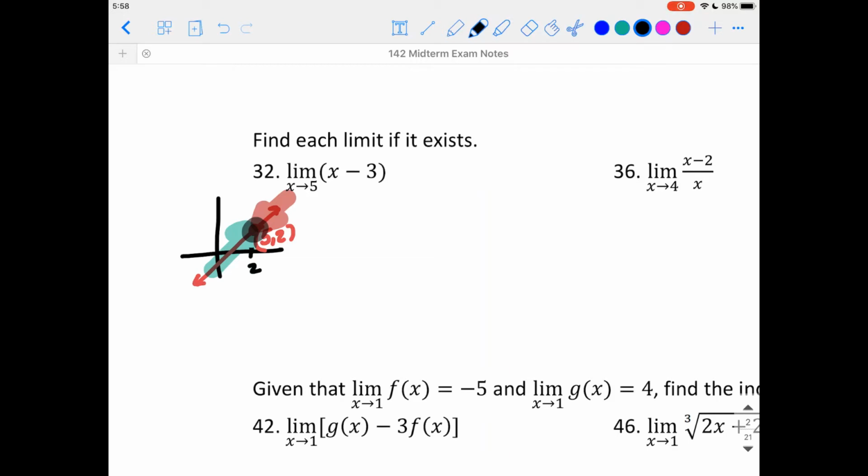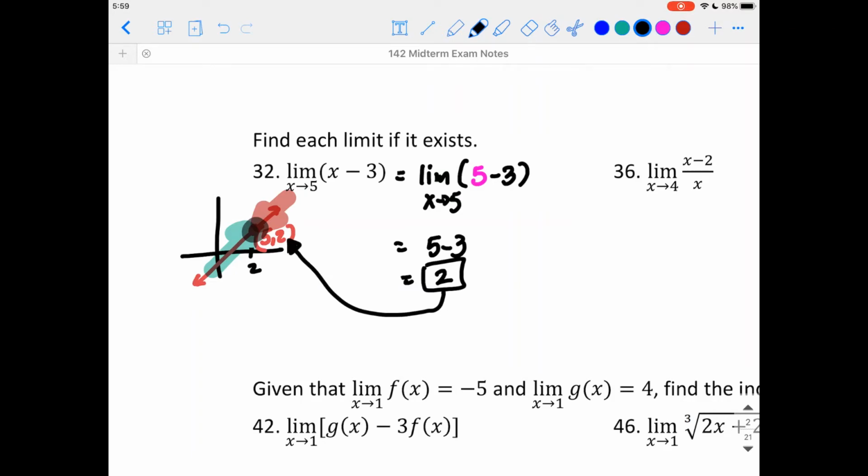But really what the theorem says is that wherever I see an x in the function, I just put 5 minus 3. And so really it's just going to be 5 minus 3, which is equal to 2. And this 2 right here is that 2 right there. It's the y value.